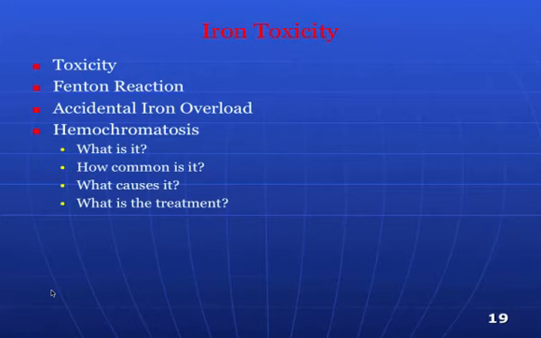It's still one of the most common molecules involved in accidental overdose as far as toxicity. So accidental iron overload is basically when someone takes excess iron supplements. It's not going to happen with food, but with supplements.